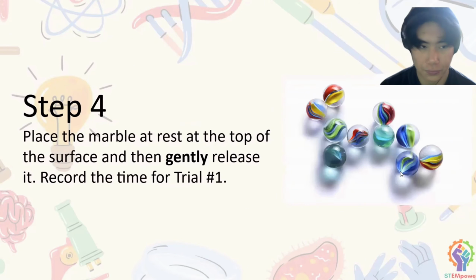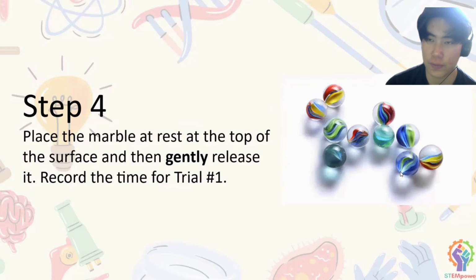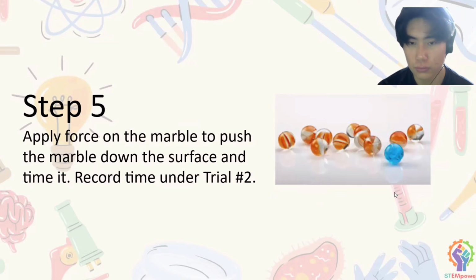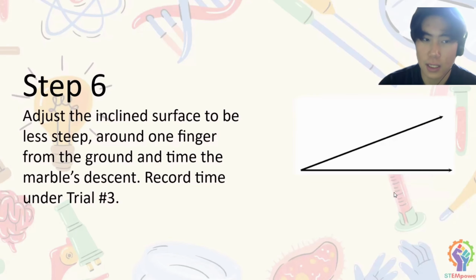Step 4, place the marble at rest at the top of the surface, then gently release. Record the time for trial 1. Now, apply force on the marble to push it down the surface and time it. Record the time and put it under trial 2. For step 6, adjust the surface to be less steep, around 1 finger from the ground.